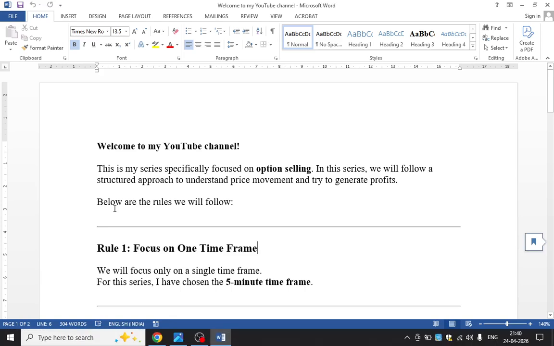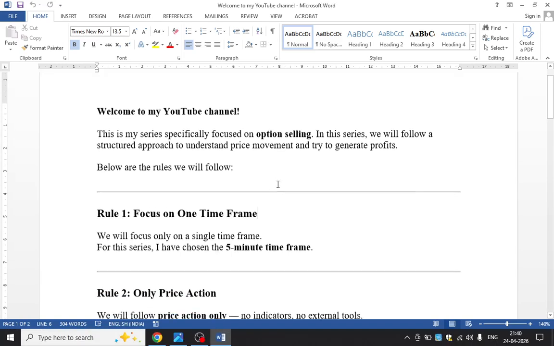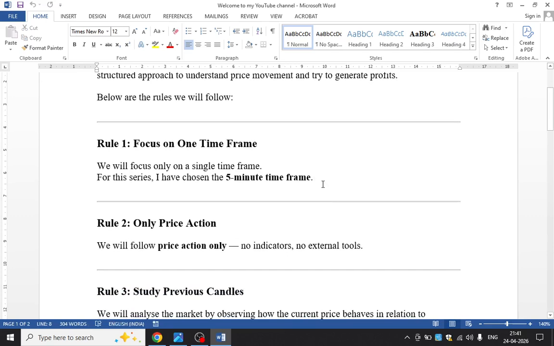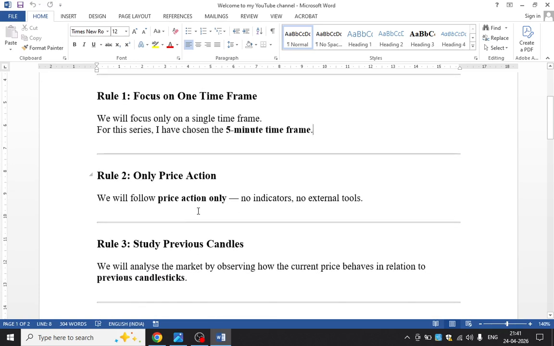Before that, let's go through the rules that I follow. I only follow one time frame, that is the 5-minute time frame. I don't divert my attention to 15 minutes or 1 hour or 3 minutes, nothing else, only 5 minutes. Second, I only take price action into consideration.